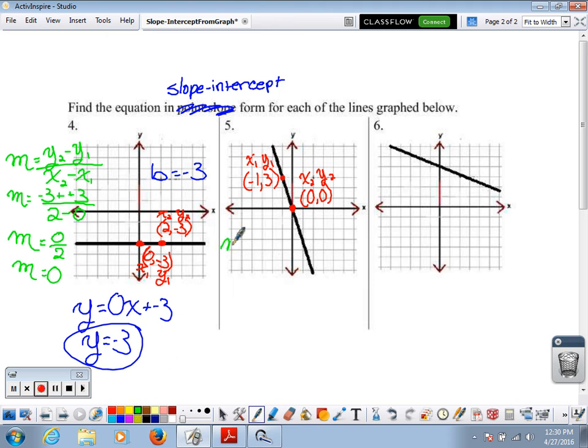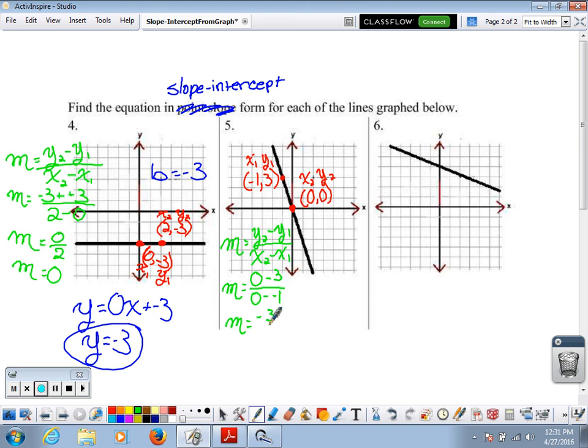I'll use the slope formula, m equals y2 minus y1 over x2 minus x1. I'll sub in: m equals 0 minus 3 over 0 minus negative 1.